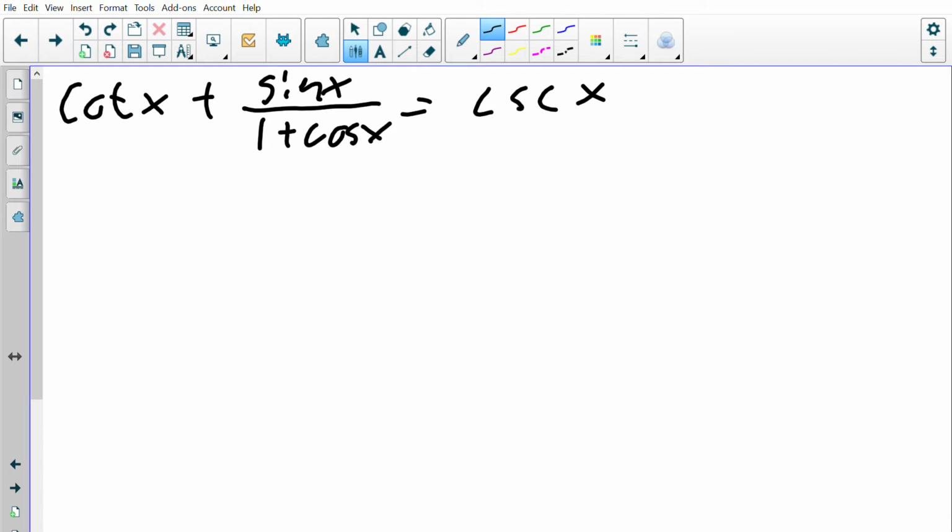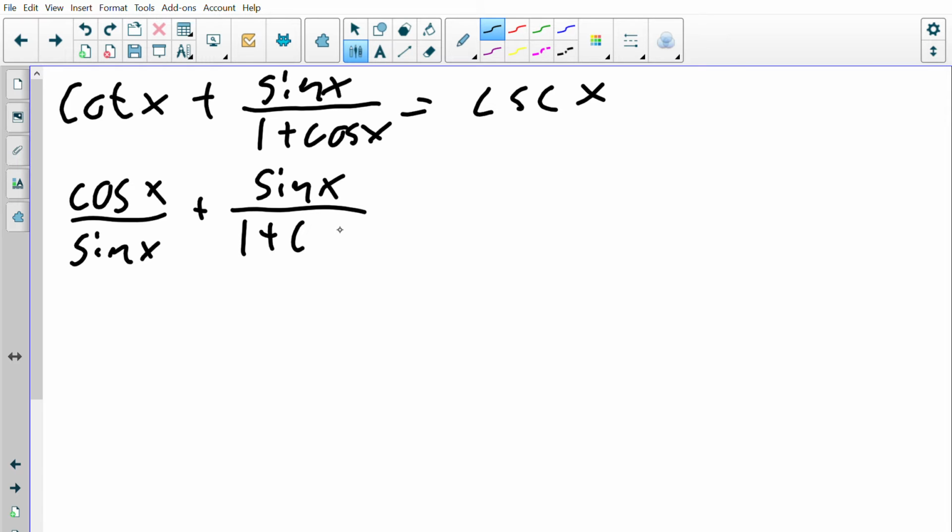First step is to convert everything into either sine or cosine. So cotangent means cosine goes on top. And then cosecant is the same as 1 over sine x. Because there's no squares or anything like that, there's no more converting. But I want to make these denominators be the same.